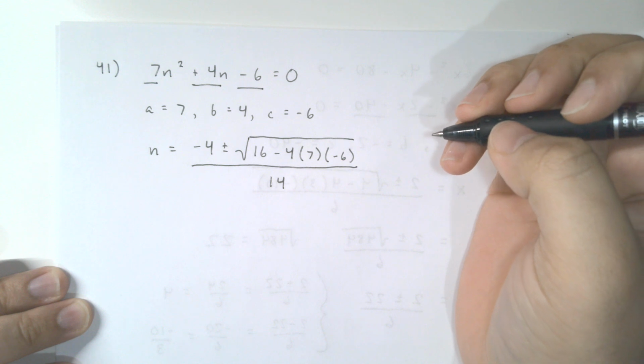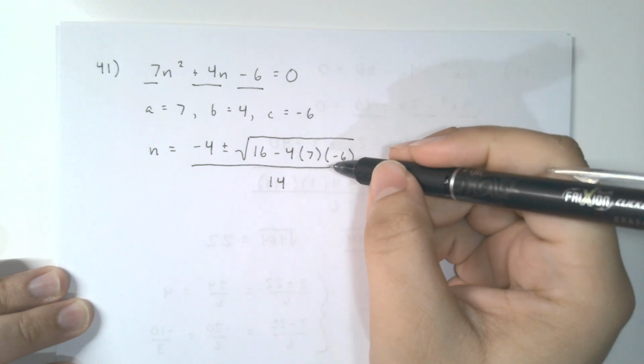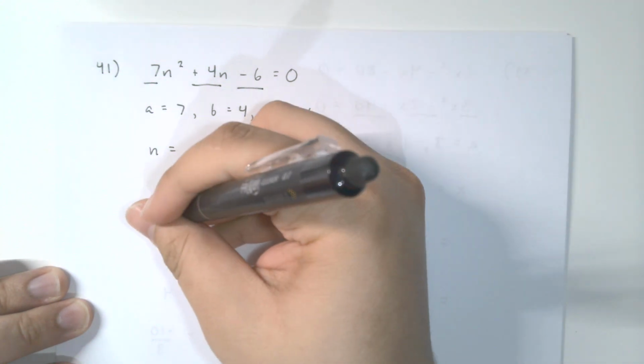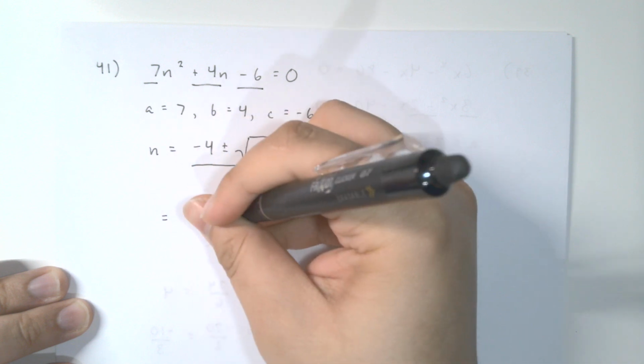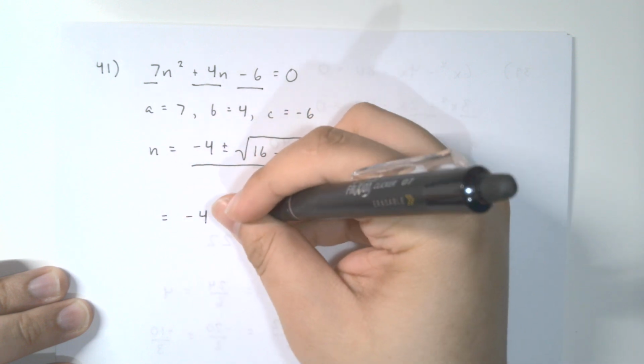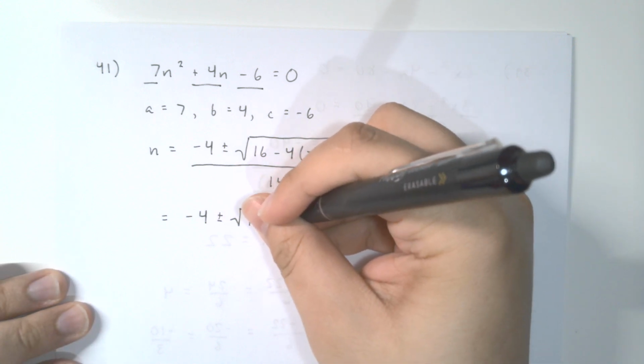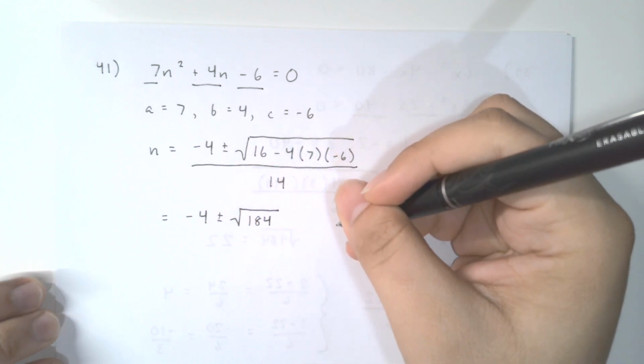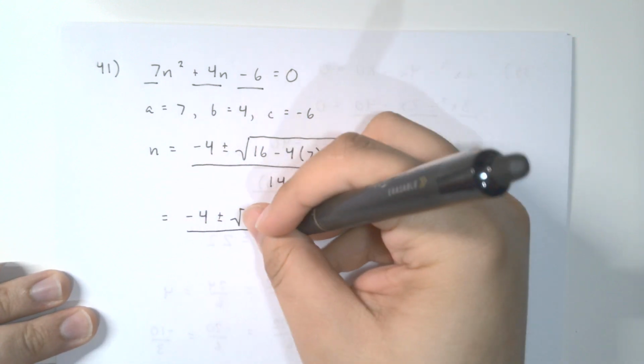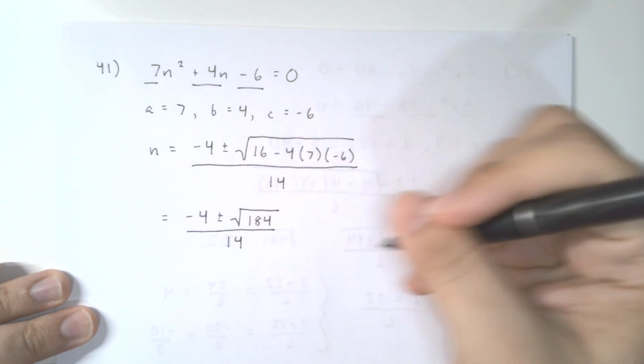And now we evaluate what our discriminant is. So putting all that into your calculator, you'll have your negative 4 plus or minus the square root of 184. Of course, this is all divided by 14.